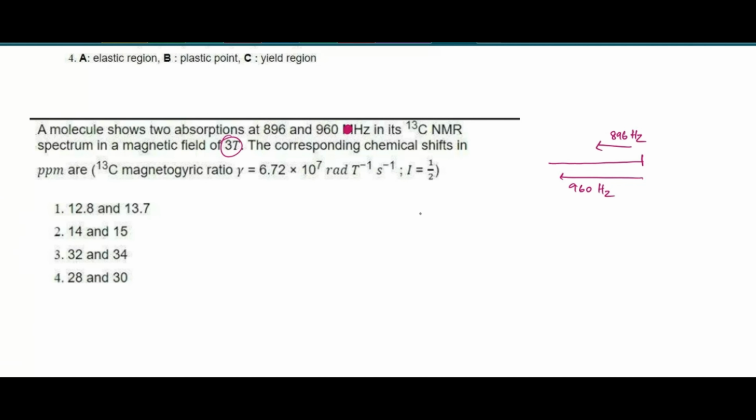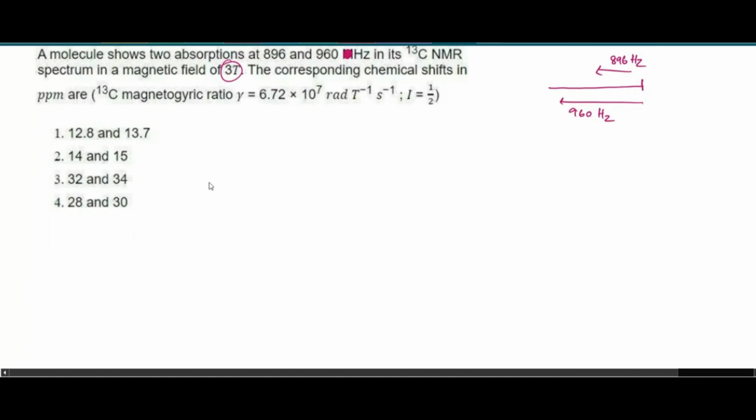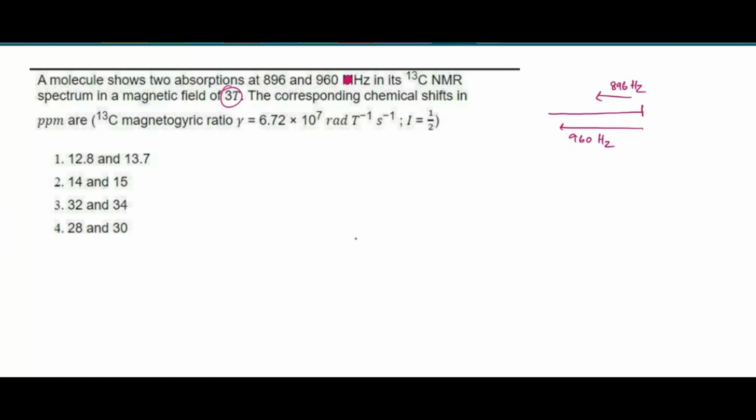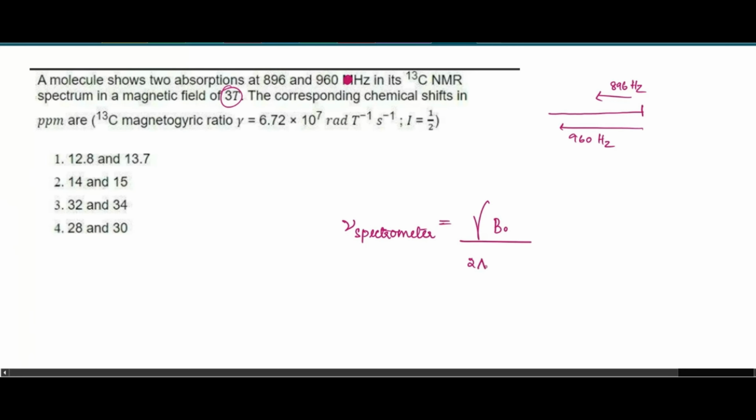So first we need to find the frequency of the spectrometer. The frequency of the spectrometer is equal to the gyromagnetic constant into the magnetic field divided by 2 pi.